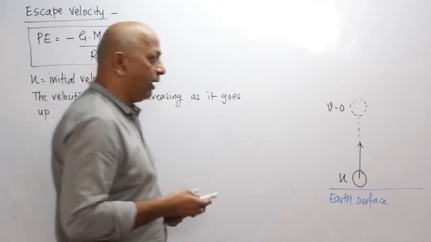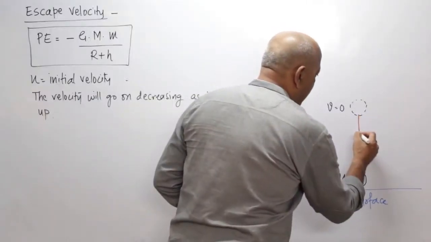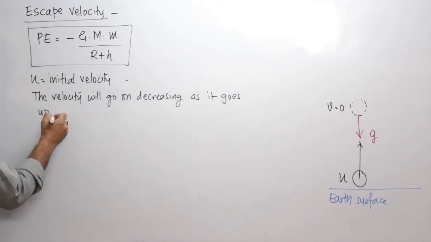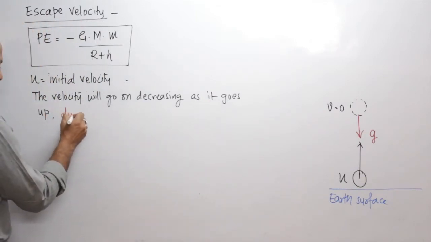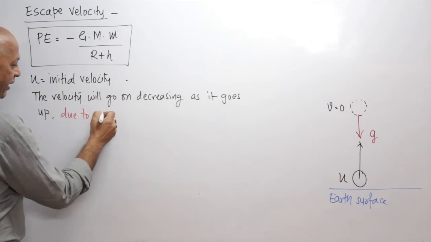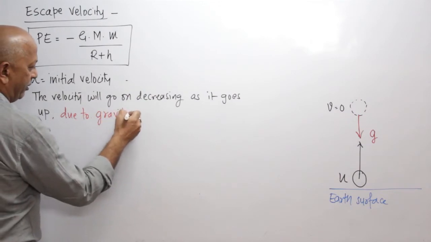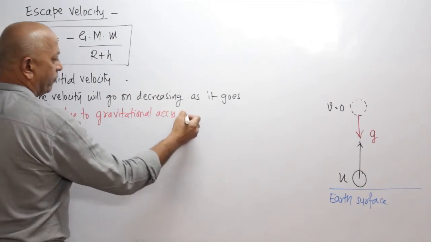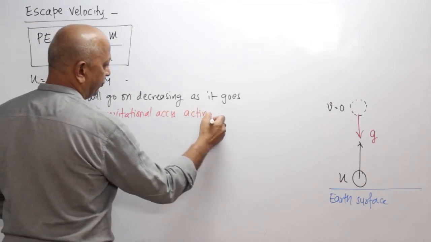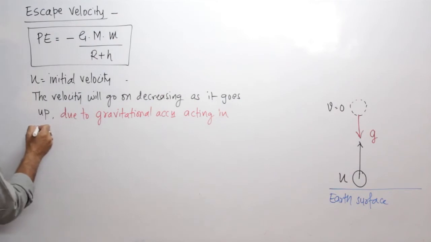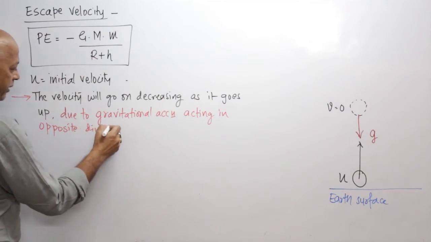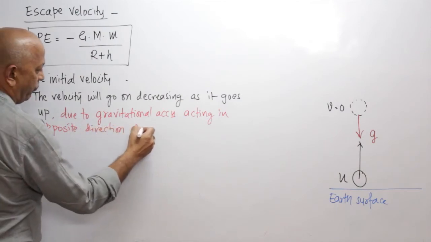U कमी का होणार? Because of gravitational acceleration acting in opposite direction of velocity.